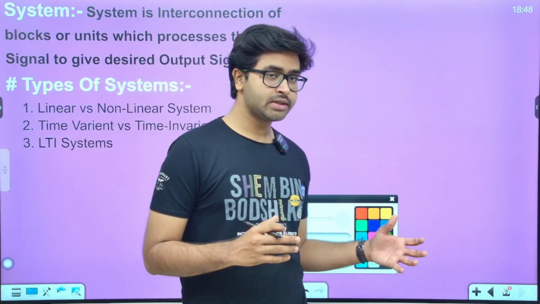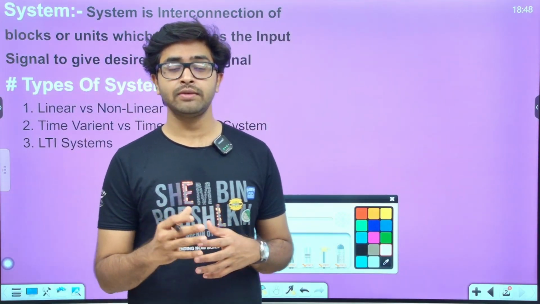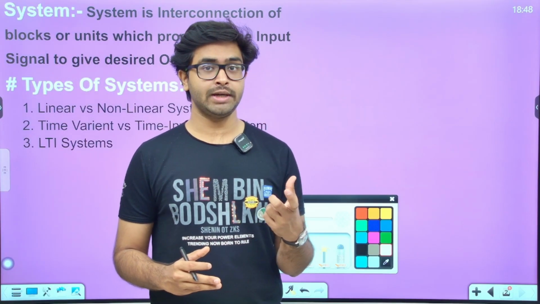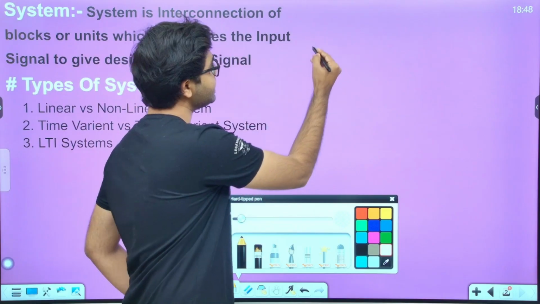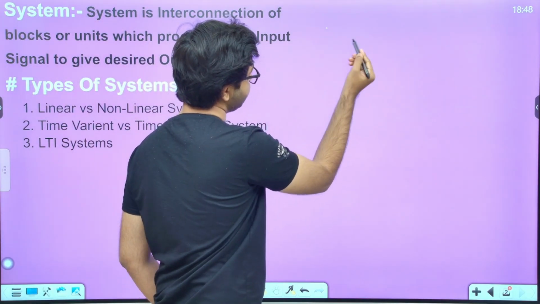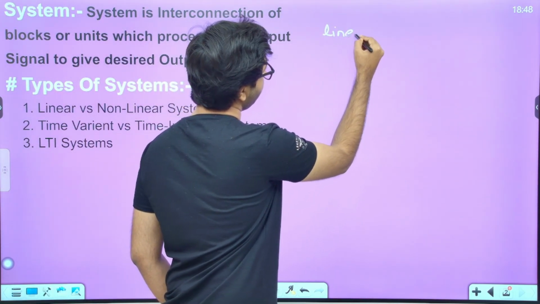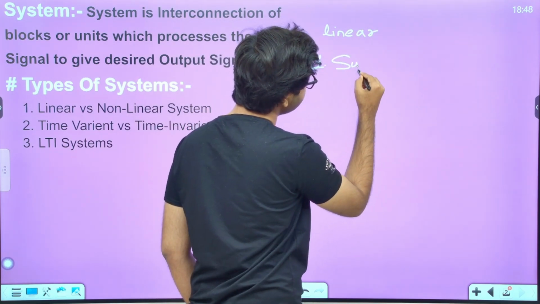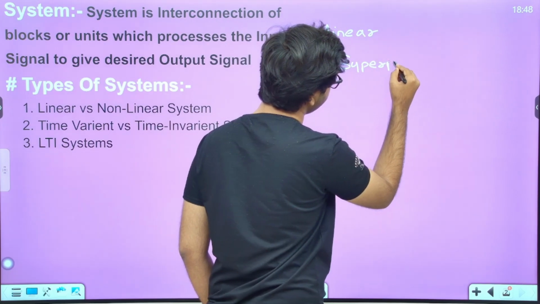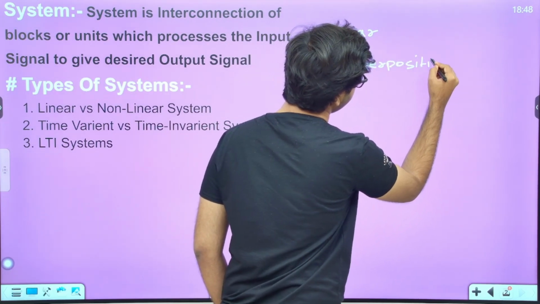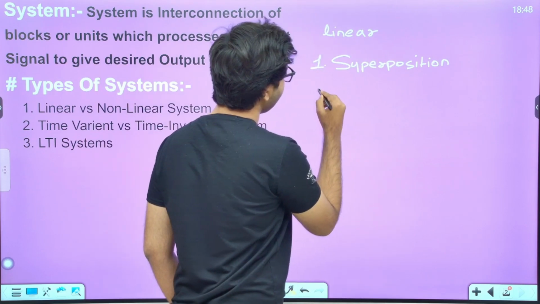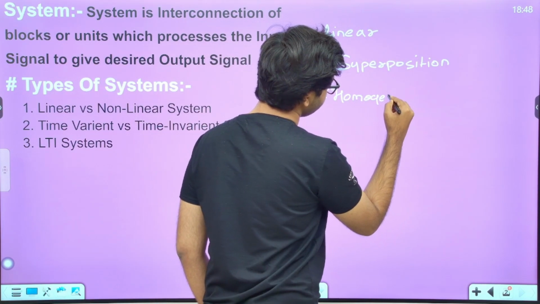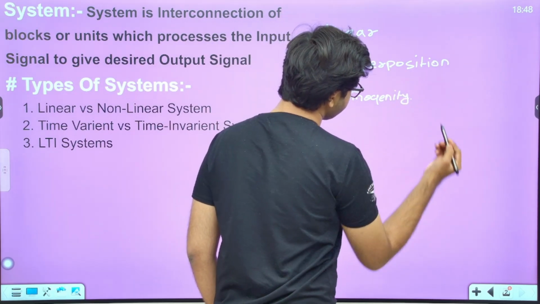So for a system to be linear, it must have some properties like the superposition principle and the homogeneity principle. Means I can say a specific system is linear only if it follows the superposition principle, and second, the homogeneity principle.